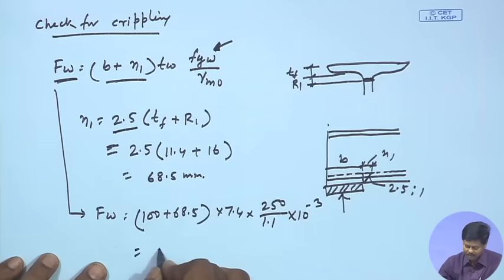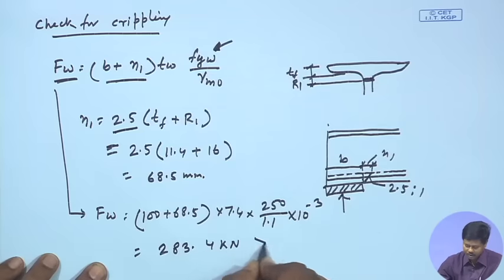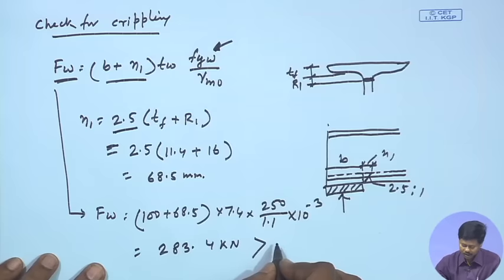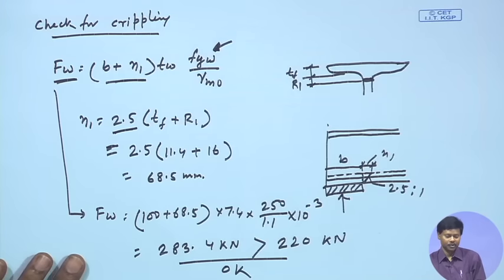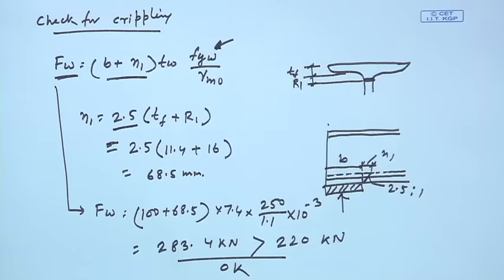So, this is becoming 283.4 kilonewton, and this is also more than the shear force acting at the support, which is 220 kilonewton. So, we can say this is okay. So, this is how we can check for web crippling and web buckling, right.